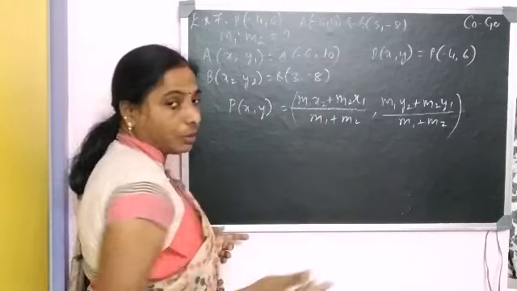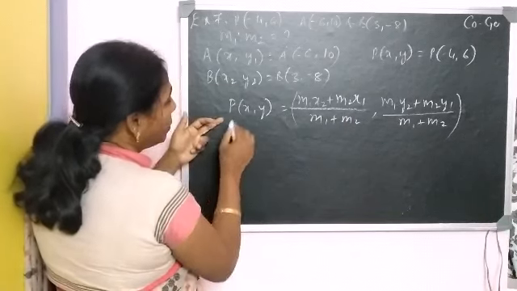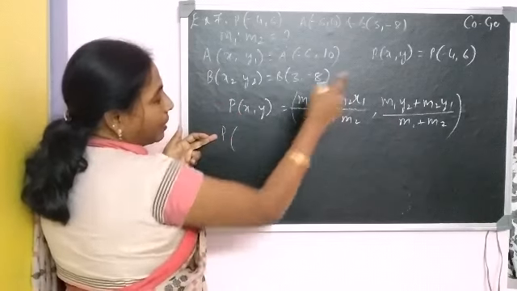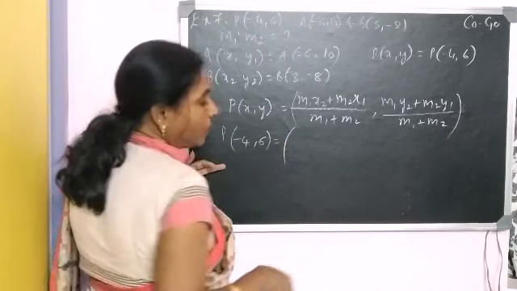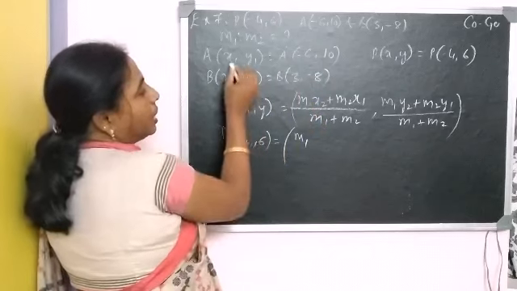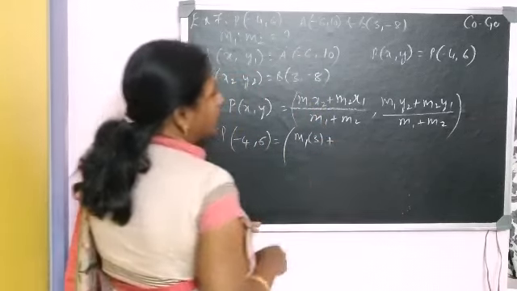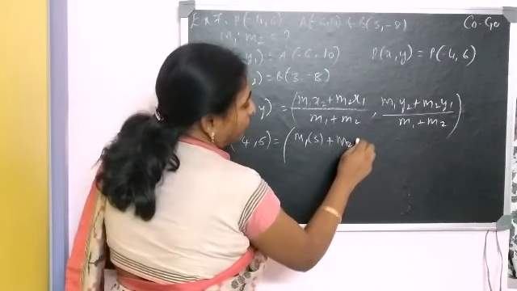M1 and M2, we don't know the values, so what we will do? Just substitute whatever we know. Now we know P of xy: P of xy is minus 4, comma 6, is equal to m1, as it is x2, see here, x2 is 3, therefore it is 3, plus m2, in this, again, m2 is unknown.